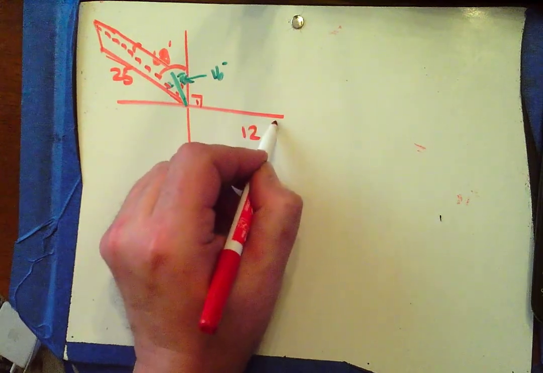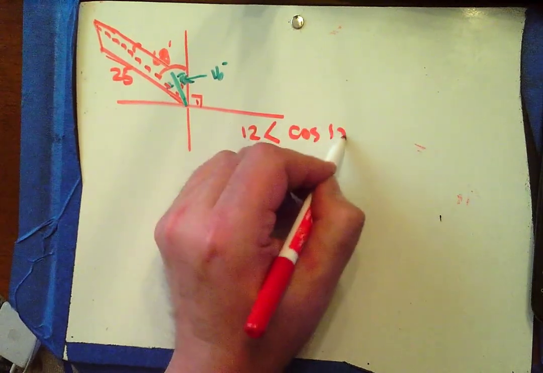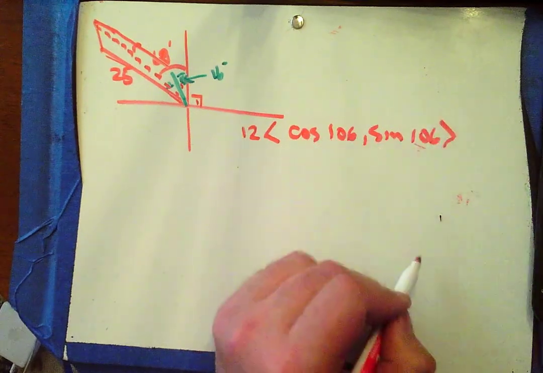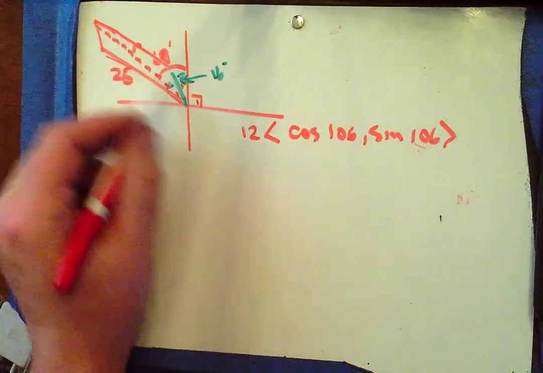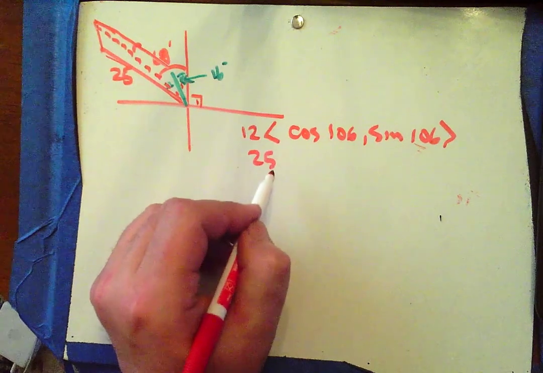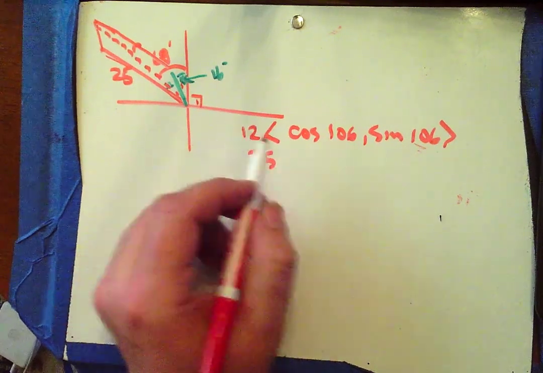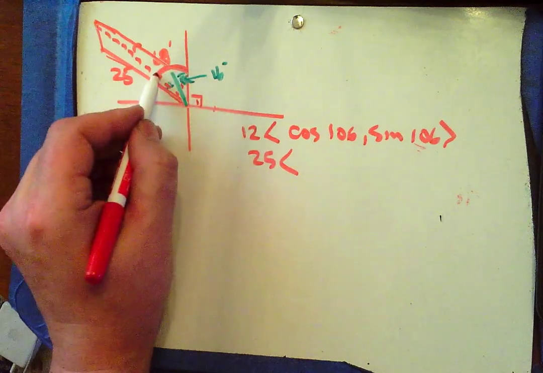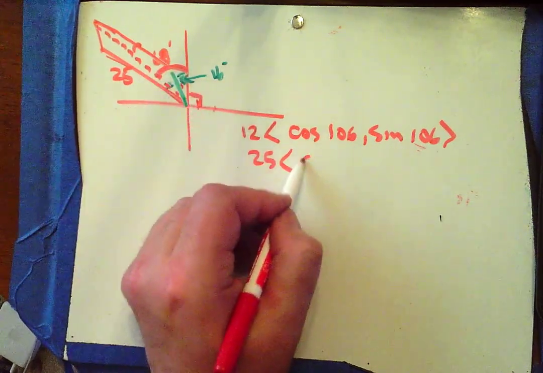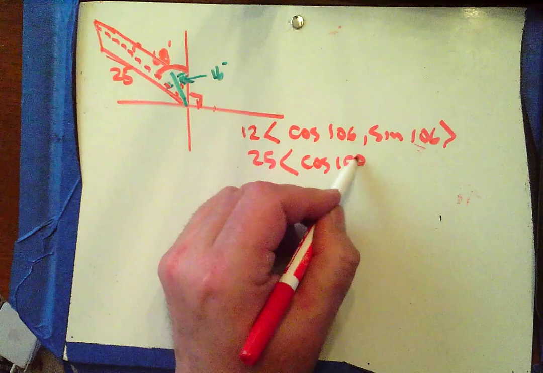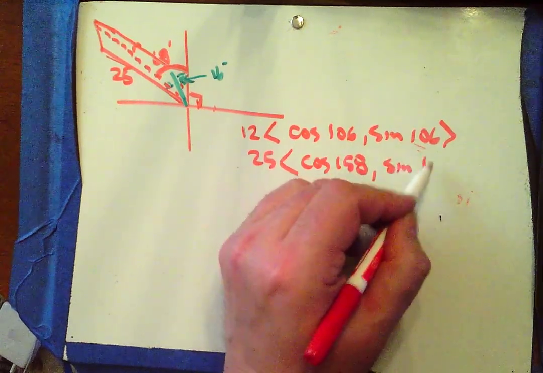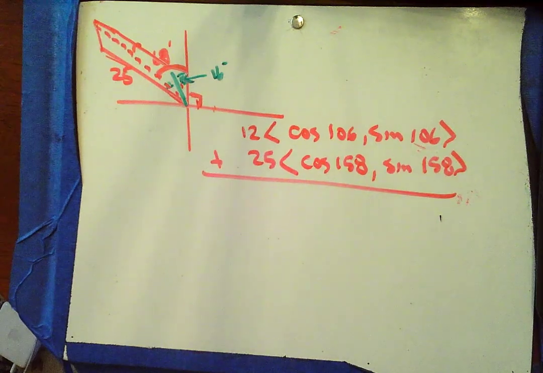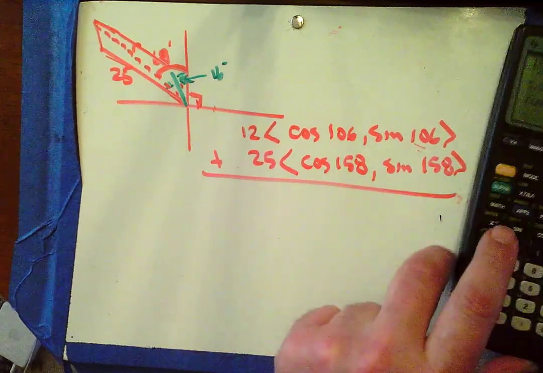So I get 12 cosine 106, sine 106. And then 25, and how big is this angle? Well, this part is 68 plus 90, which gives me 158, sine 158. And I add those together. Okay, let's see what I get.